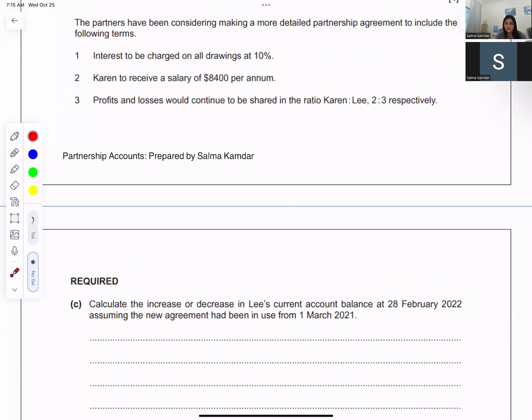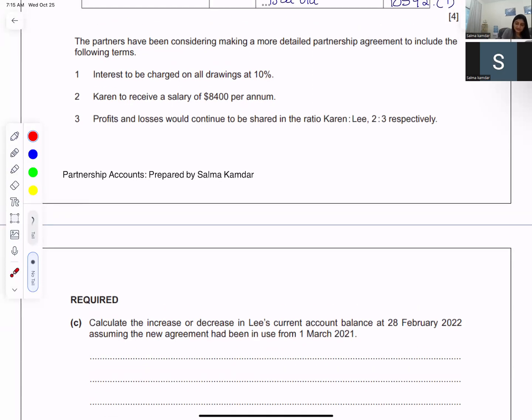Now they want me to calculate the increase or decrease in Lee's current account balance on the last date, that is 28th February 2022, assuming that some new agreement has been made from 1st of March 2021.